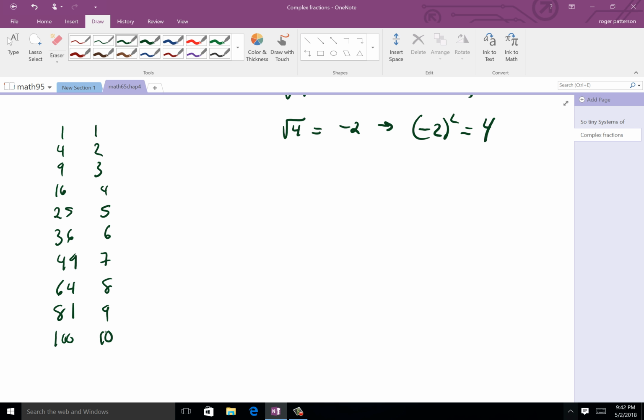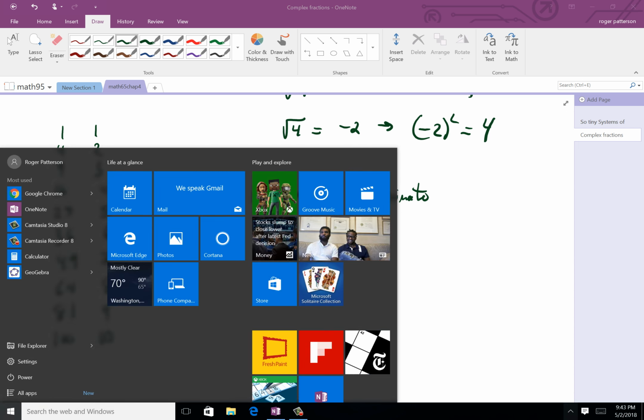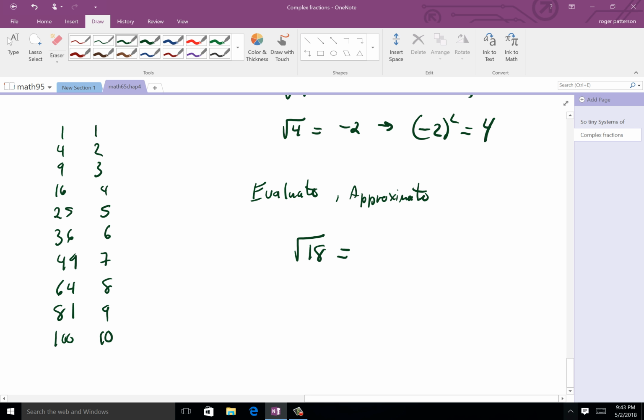If they're going to ask you to evaluate, approximate, calculate, anything along those lines, that's when you're going to use your calculator, right? So the square root of, for example, 18 is equal to, take your calculator. Actually, let me show you.